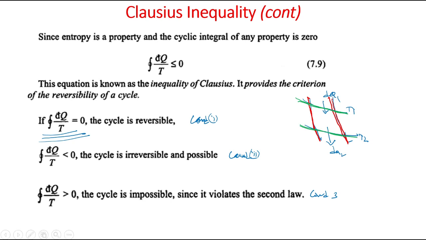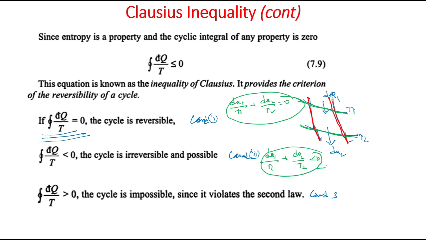For condition 1, dQ1 at T1 plus dQ2 at T2 is equal to 0. For this case, the cycle is reversible. In the second case, dQ1 at T1 plus dQ2 at T2 is less than 0, meaning you get a negative value.